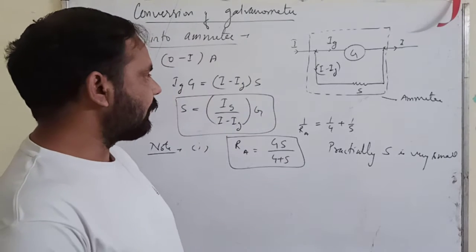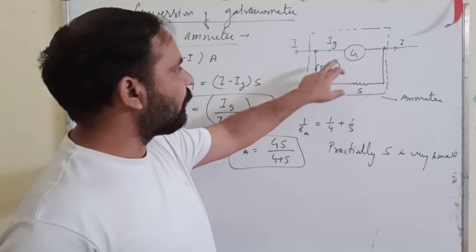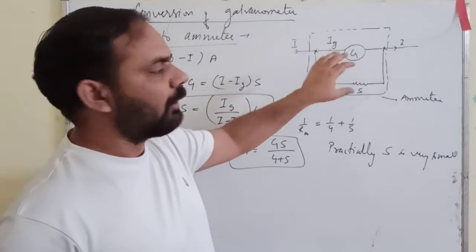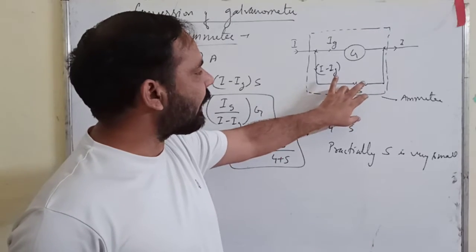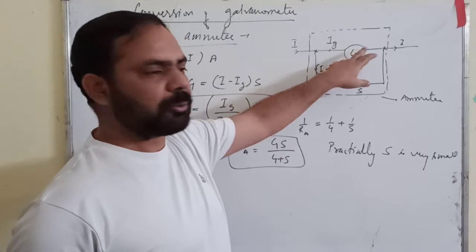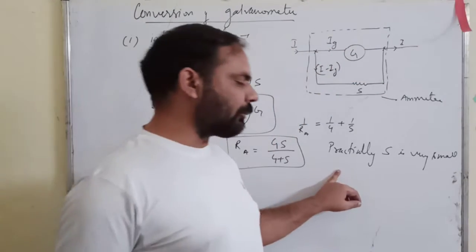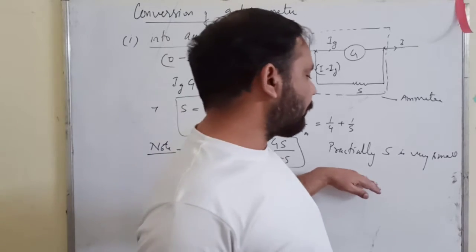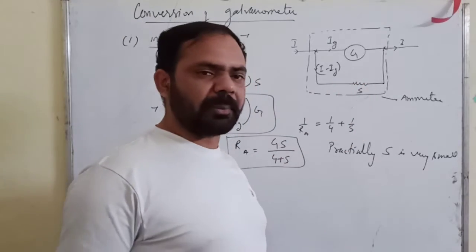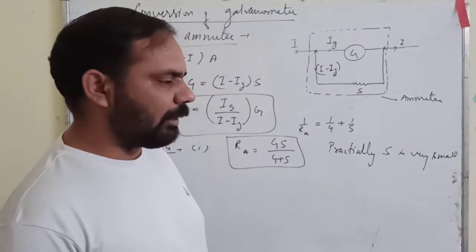If S were very large, then most of the current would pass through G. We need to keep S smaller than G. Then only the safe current will pass through G and the remaining part will pass through S. So this shunt resistance should be small as compared to G, the resistance of the galvanometer.